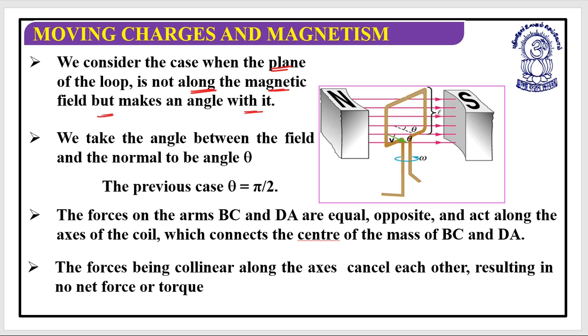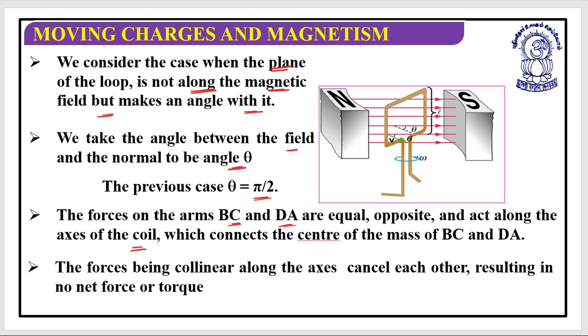Now we are assuming that it is making an angle with it. So if we take the angle between the field and the normal to be theta, in the previous case it was pi by 2, because the area vector is outside the plane and the magnetic field was, we can consider, from north to south.